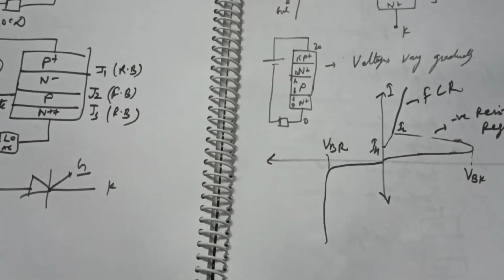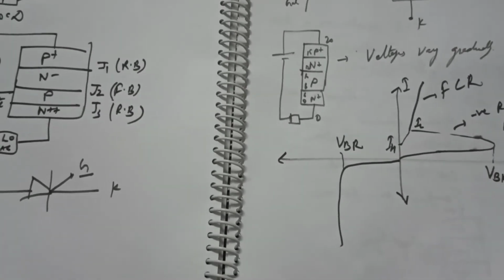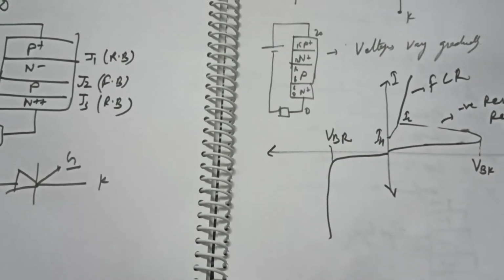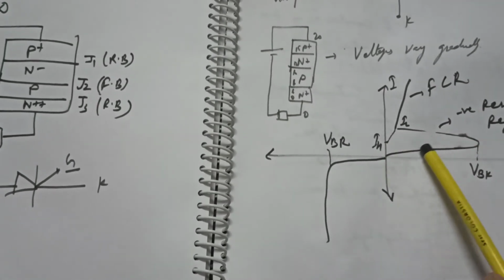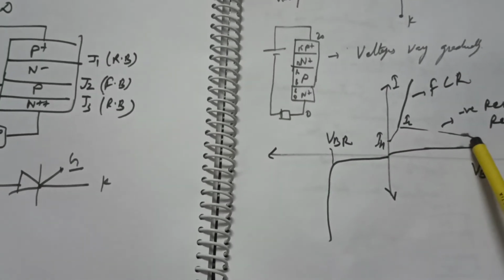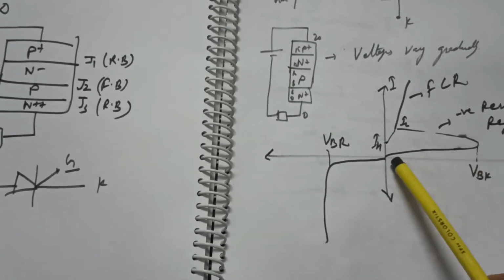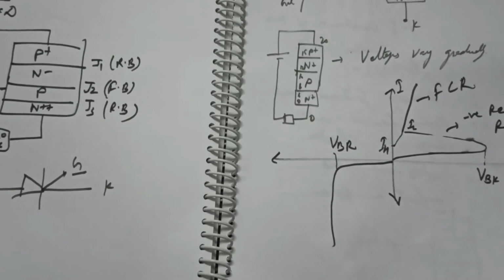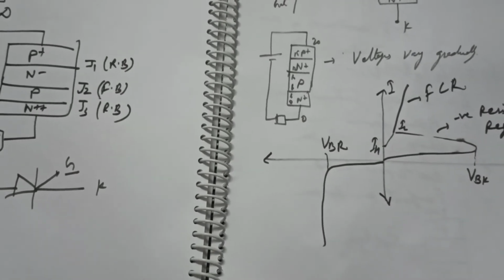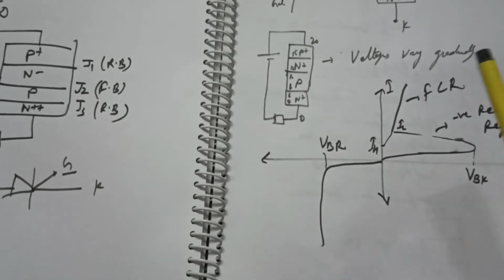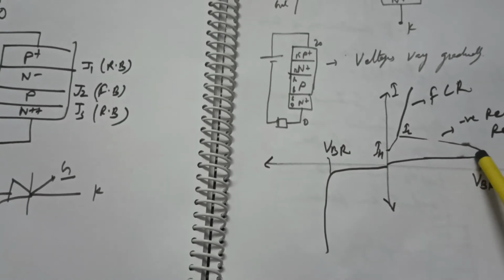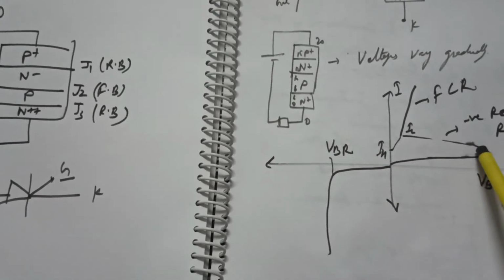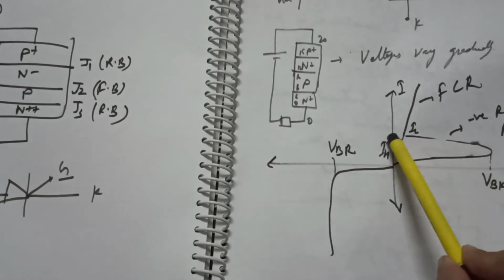This is termed the forward blocking region. After the forward blocking region is covered, if the VAK voltage is increased further, then in a brisk time the voltage will immediately reduce, and the device goes into conduction.